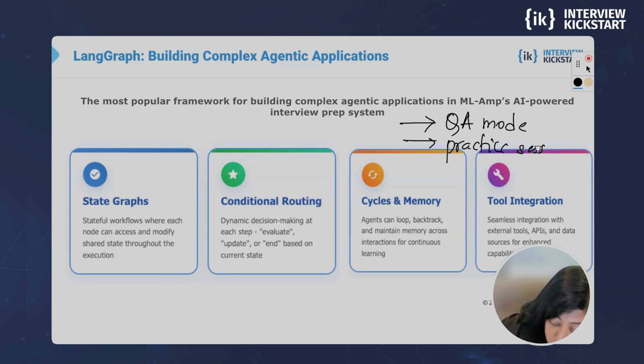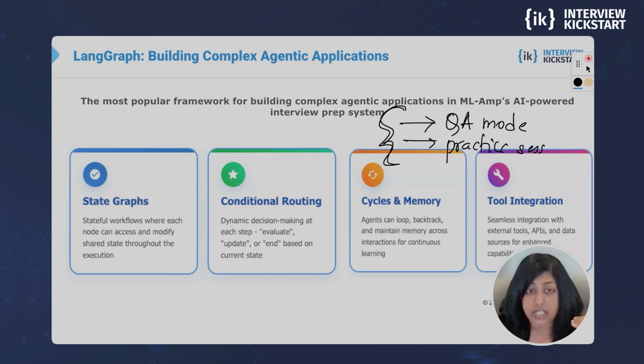You'll see these in action when I do the demo, but I wanted to quickly give you some context as I talk about how MLAMP is using LangGraph workflows with the agents to drive these 2 modes for a given learner.